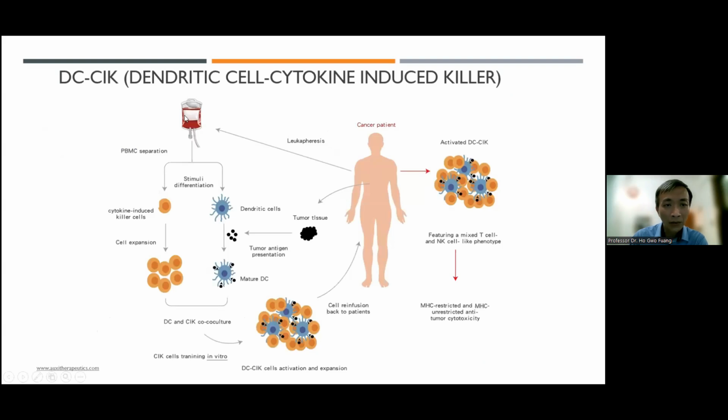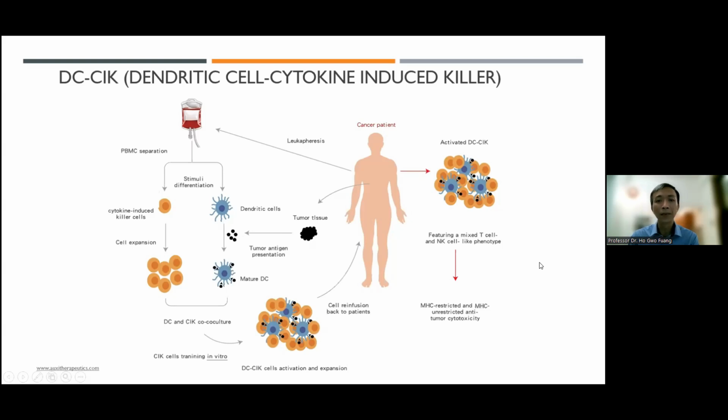So take the cells from the patient and then get the dendritic cells, mature dendritic cells, and then the cytokine-induced killer cells. And then they have to be combined together for the dendritic cells to activate the cytokine-induced killer cells, but not for long, and it is infused back. Okay? So that's the process. And actually, we can take the tumor tissue and use it to mature the dendritic cells, or just use a library of pancreatic cell antigens.